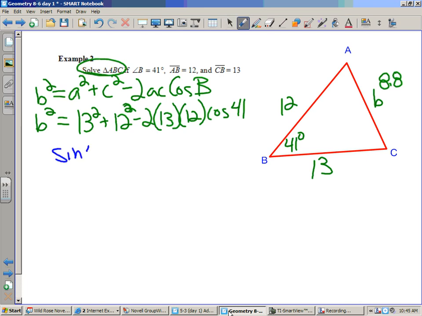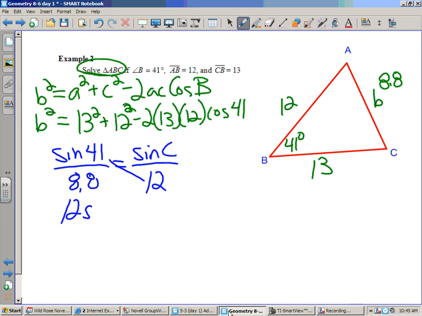So sine of 41 over 8.8 equals, now if you follow my suggestion of getting the smallest one next, really doesn't make a difference in this problem, but if you follow my suggestion, it'd be sine of C over 12.